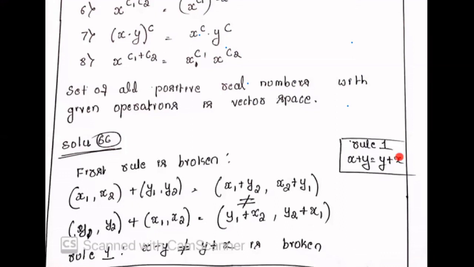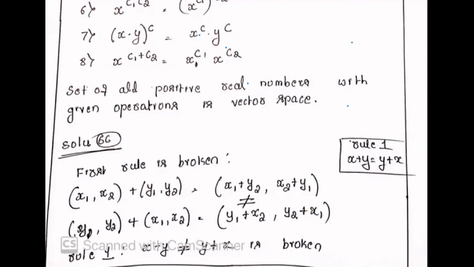Now take the left hand side. This is the LHS you got after adding. The second term is the RHS.